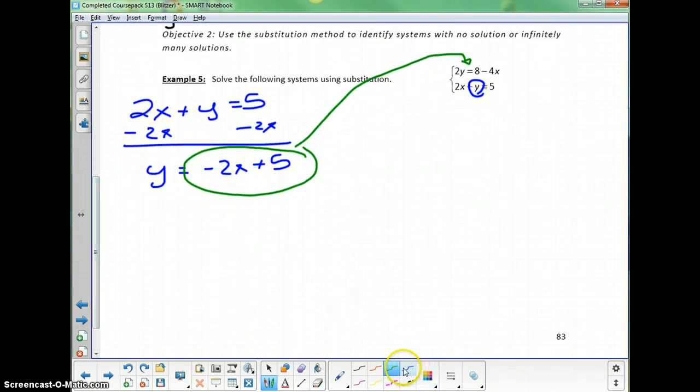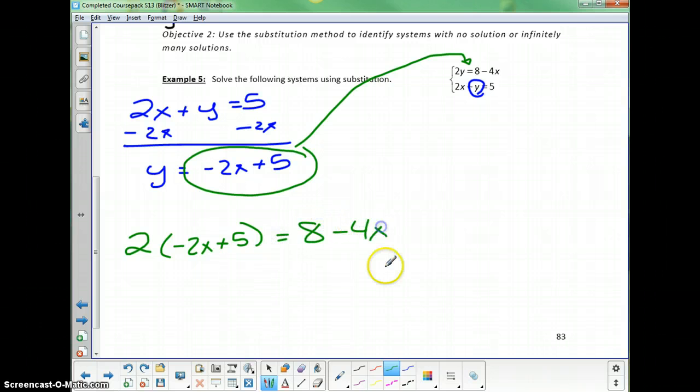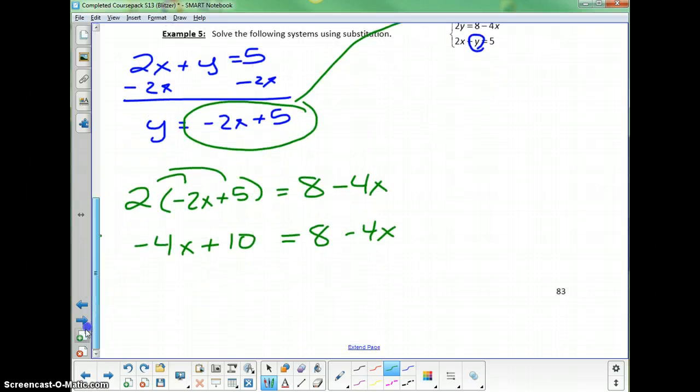Let's see what happens here. What I'm going to have now is 2 times y, where y is negative 2x plus 5, equals 8 minus 4x. Let's use the distributive property: negative 4x plus 10 equals 8 minus 4x. We need to get all of the x's on the same side of the equation.